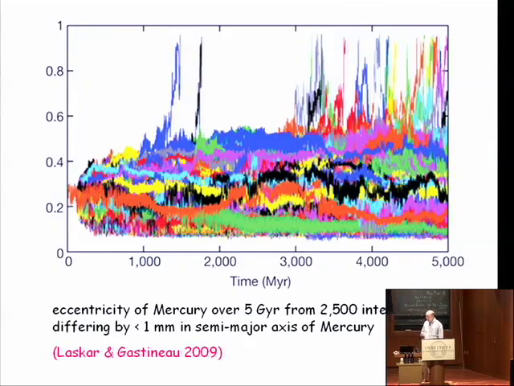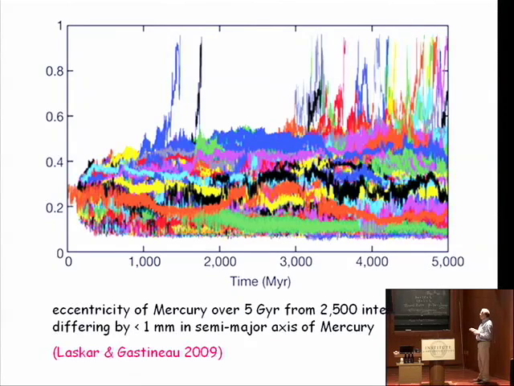This is an example of the state of the art from a paper in Nature just a couple of months ago. In this case, because the solar system is chaotic, in order to figure out what's going to happen over a very long time, you have to do a lot of different integrations. So what was done in this calculation was a couple of thousand integrations of the solar system. Because the system is chaotic, very small changes in the initial condition are sufficient to explore phase space.